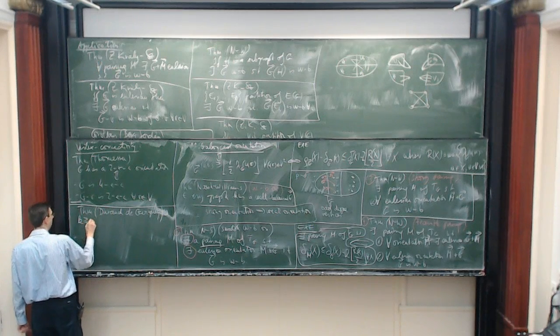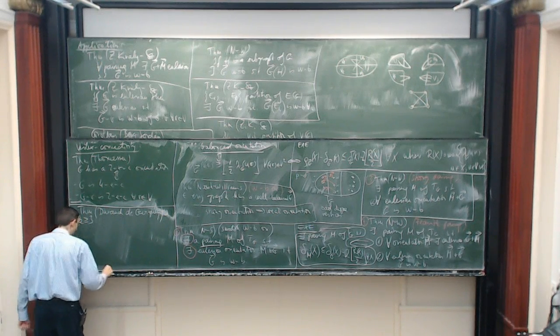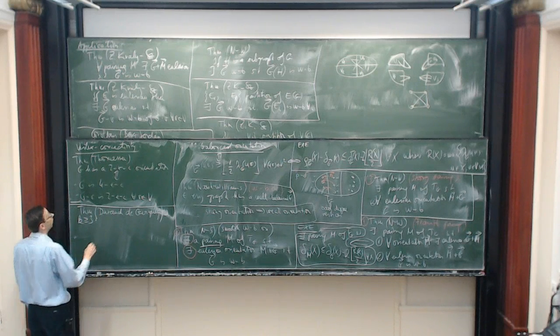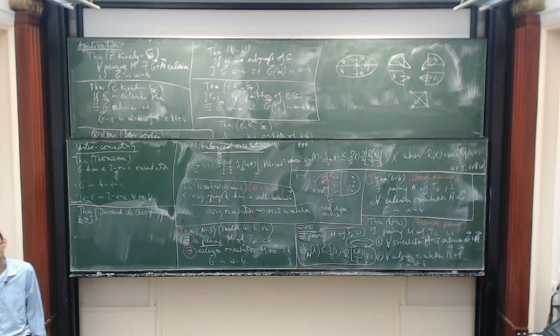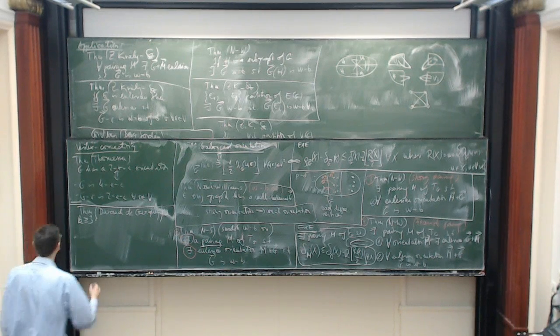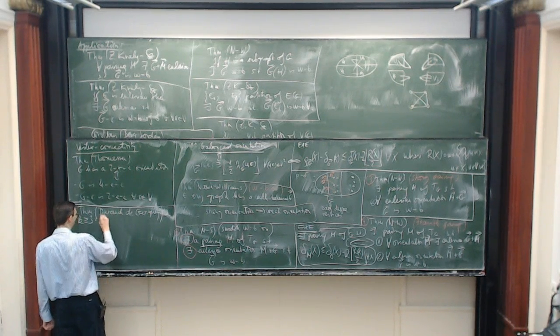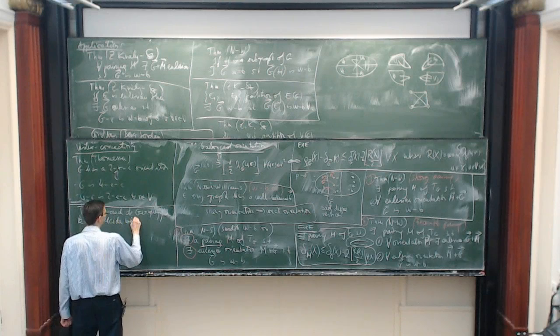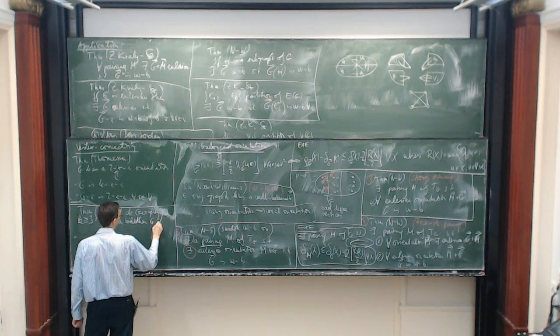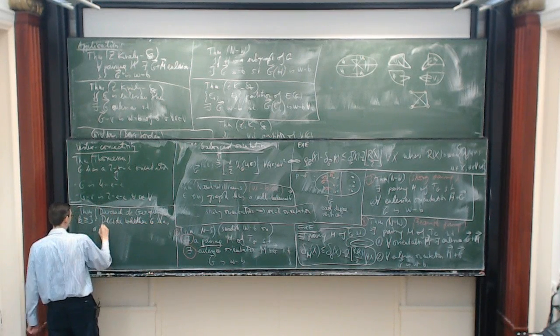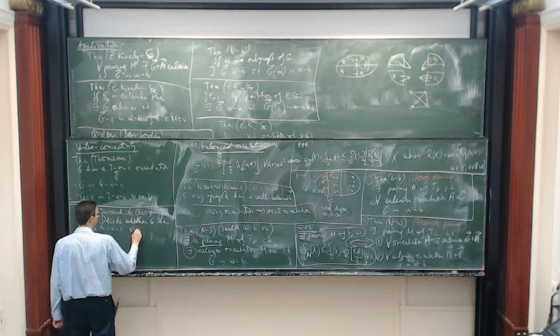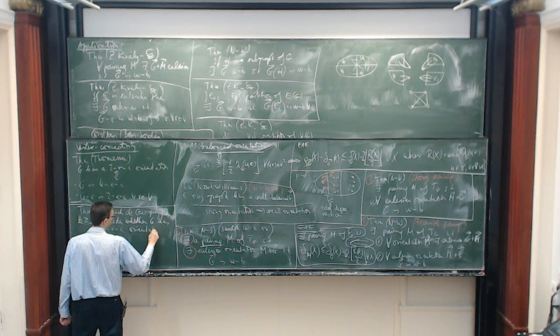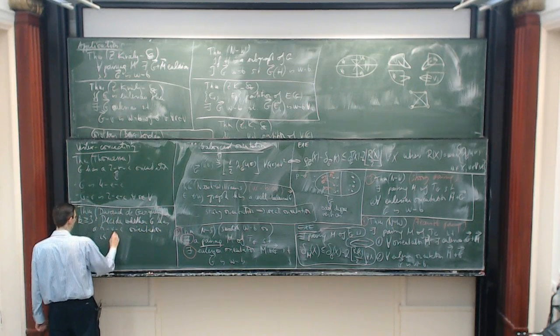For k at least 3, the decision problem, whether G has a k-vertex connected orientation, is NP-complete.